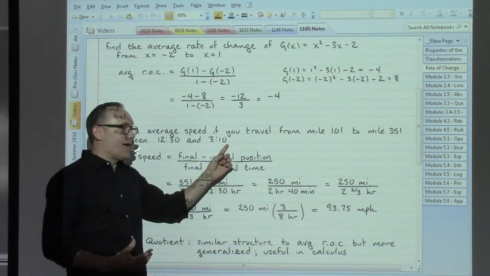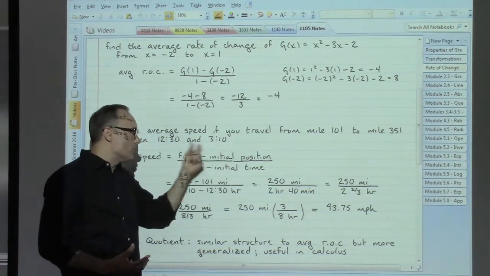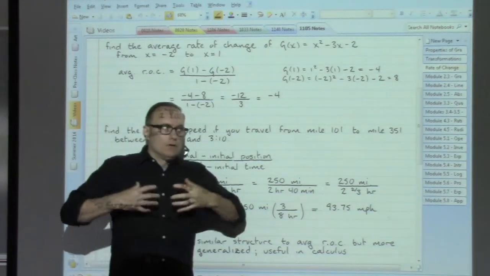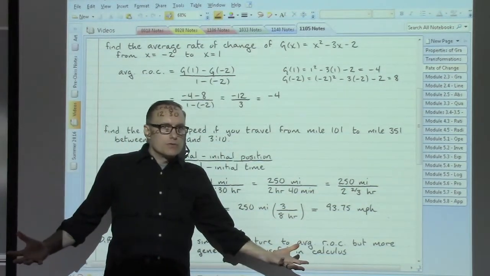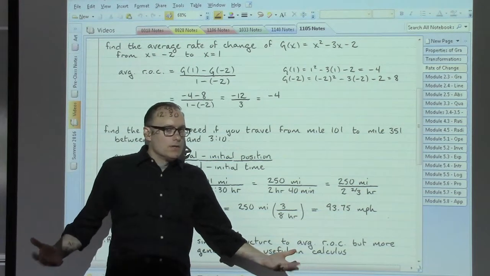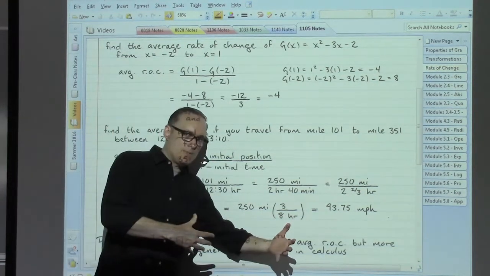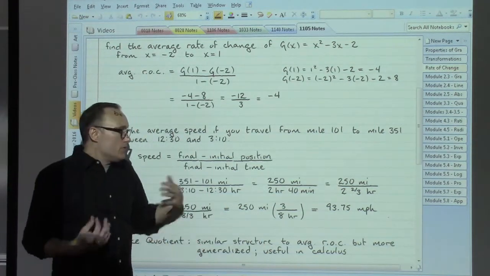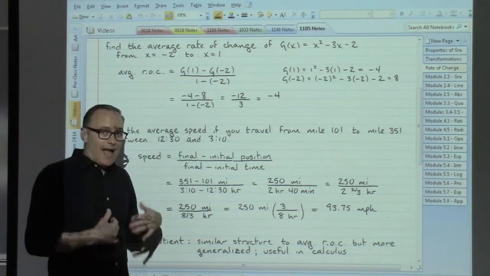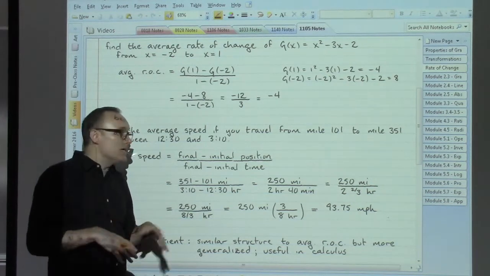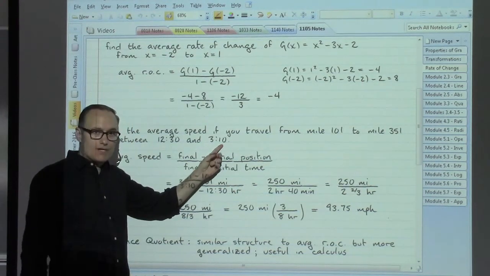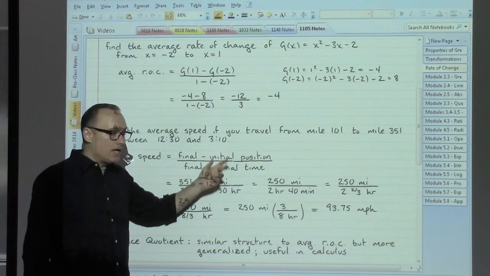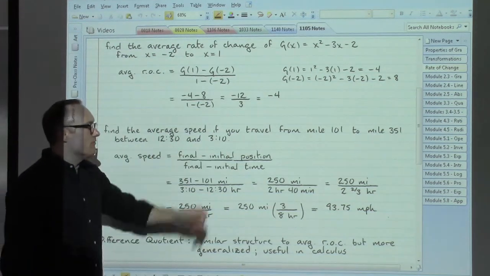But over that entire time frame from 12:30 to 3:10, on average, how fast are you going? You could be slowing down and speeding back up again, over and over again. You don't need to be going at that same average speed every single second of every single minute during this entire time frame. It's just an average.